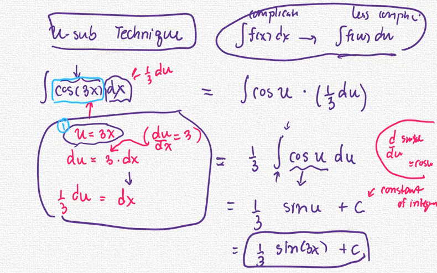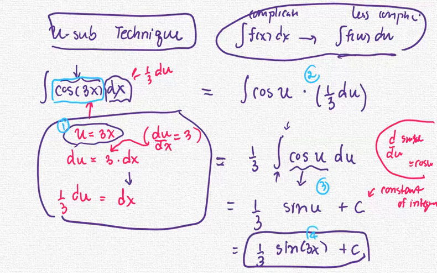After that, you replace it into the problem, and then find the antiderivative. And the last one, you substitute back in terms of x. Okay, so there are 4 general steps to use the u-sub technique to find the antiderivative of a complicated function.